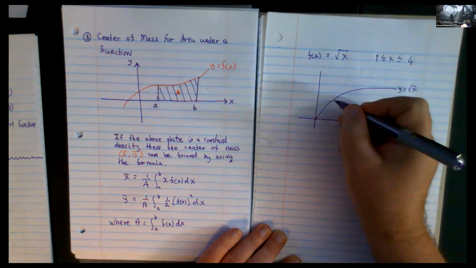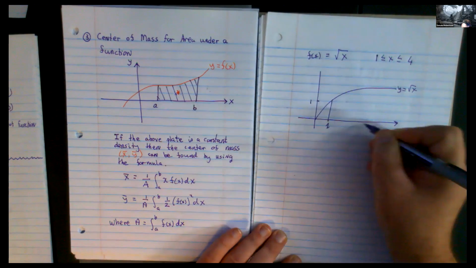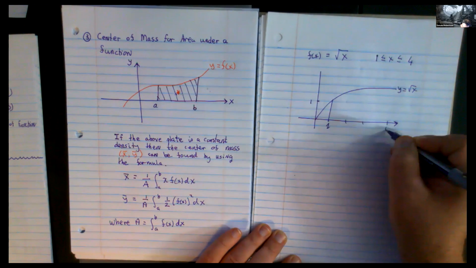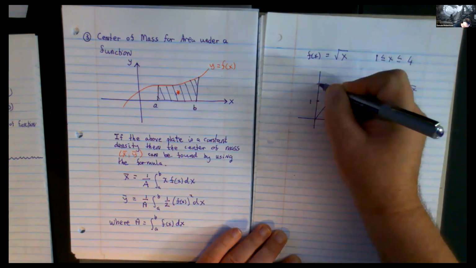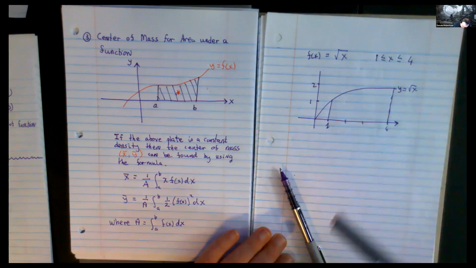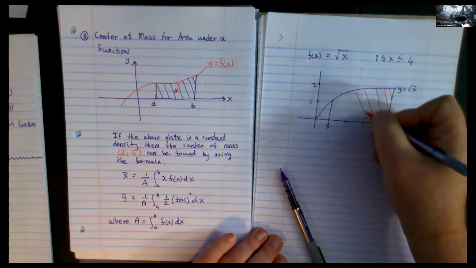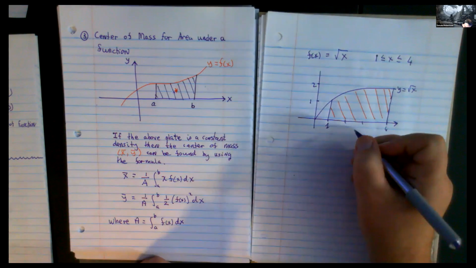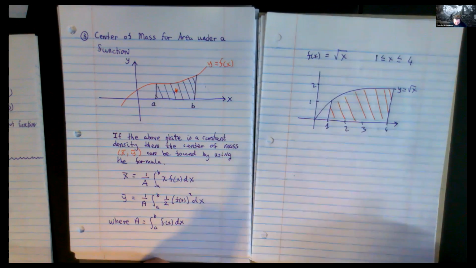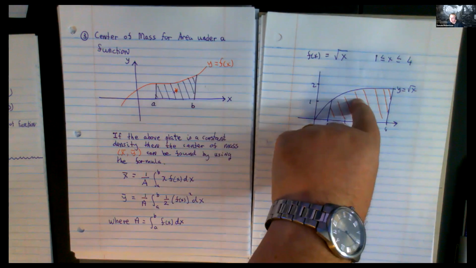And can you imagine this guy is at 1, and this guy here. And we are trying to find the center of mass of that shape. And I won't even guess. Okay, I'll sort of guess. There, right?